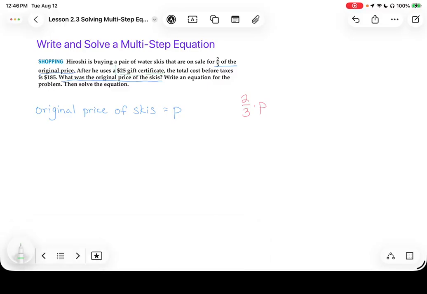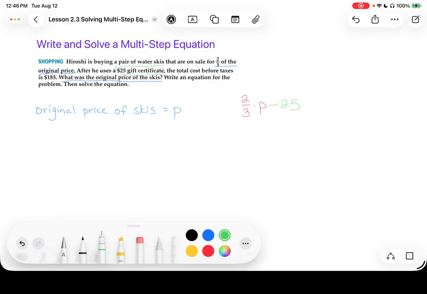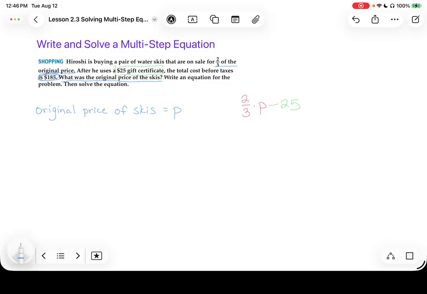So that means they're on sale for two-thirds of the original price, but then he knocks another $25 off of it with the gift certificate. So minus 25. And then after all of that's done, they cost 185, so equals 185. So there's our equation, two-thirds P minus 25 equals 185.